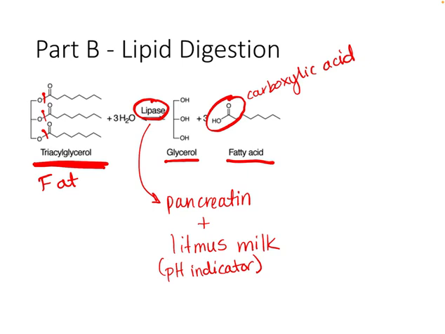So the more acid we have in solution, that means we're going to decrease the pH because it's becoming acidic, and litmus will turn pink in acidic solutions. So what we should see is a pink solution at the end of the reaction, because that tells us that we are in fact breaking apart those milk fat molecules and creating fatty acids.